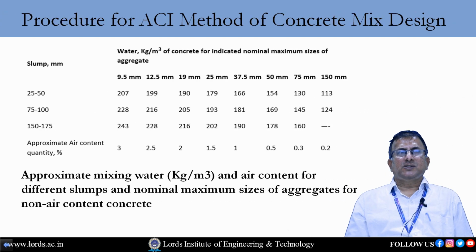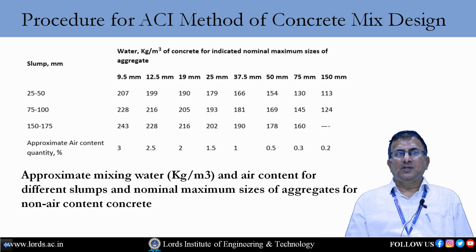If the slump value is between 25 and 50 millimeters and the size of the aggregate is 9.5 millimeters, the amount of water that we should consider for the concrete is 207 kg per meter cube. If the slump value is between 75 and 100 and the size of the aggregate is 19 mm or 20 millimeters, the water that we should take is 205 kg per meter cube.